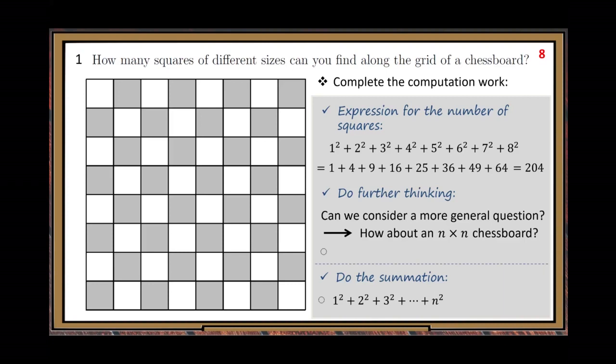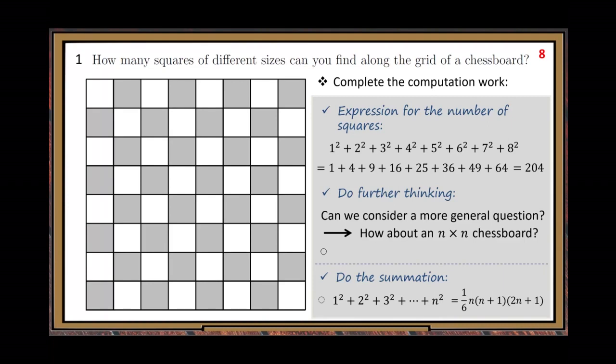There is a famous formula for this summation: 1/6 times n times n plus 1 times 2n plus 1.